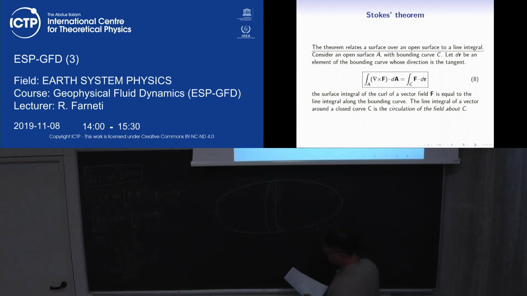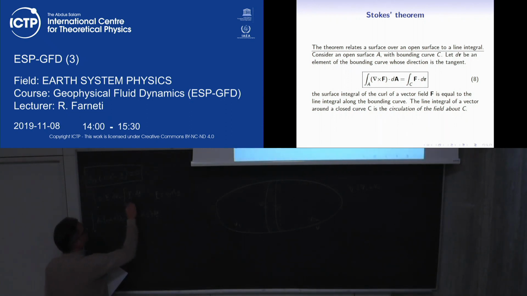Let's just cut it in half, so that V is V1 plus V2. This will be the bounding curve C1, and this will be the bounding curve C2. This area will be delta V.